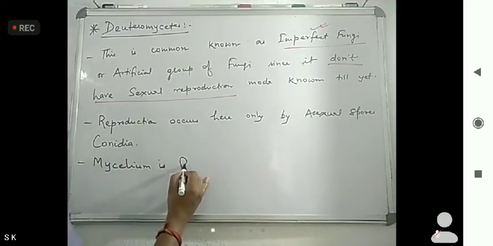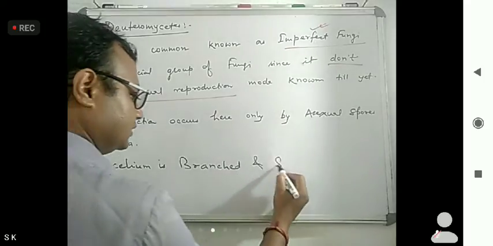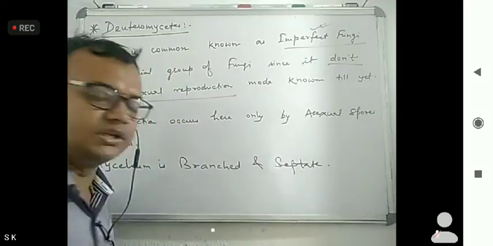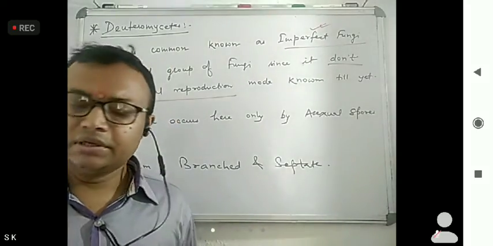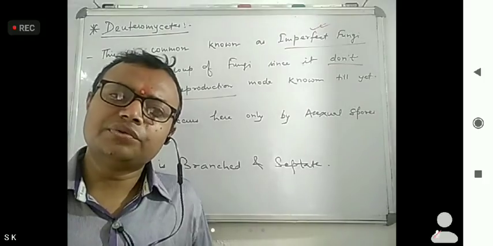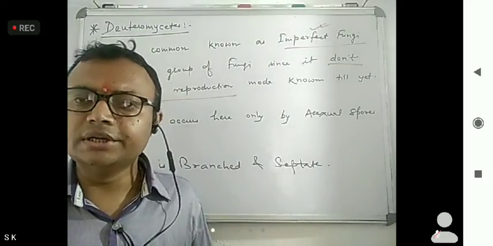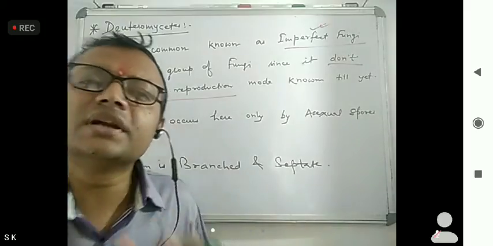Mycelium is branched and septate. Okay, mycelium is having what? Branched and septate. Now some of the members are involved in decomposition of litter and help in mineral cycling.